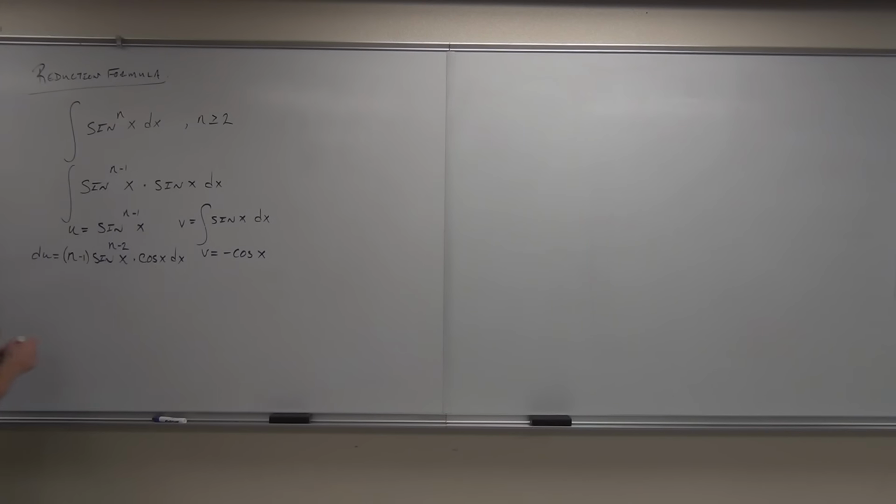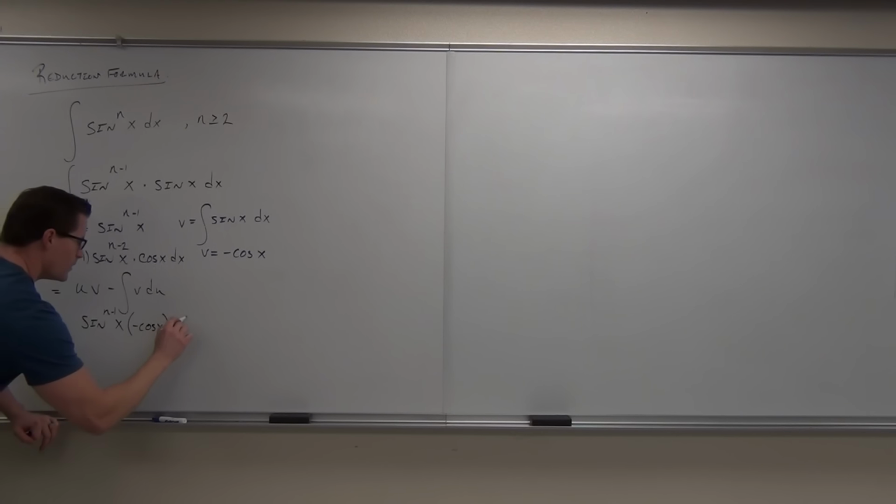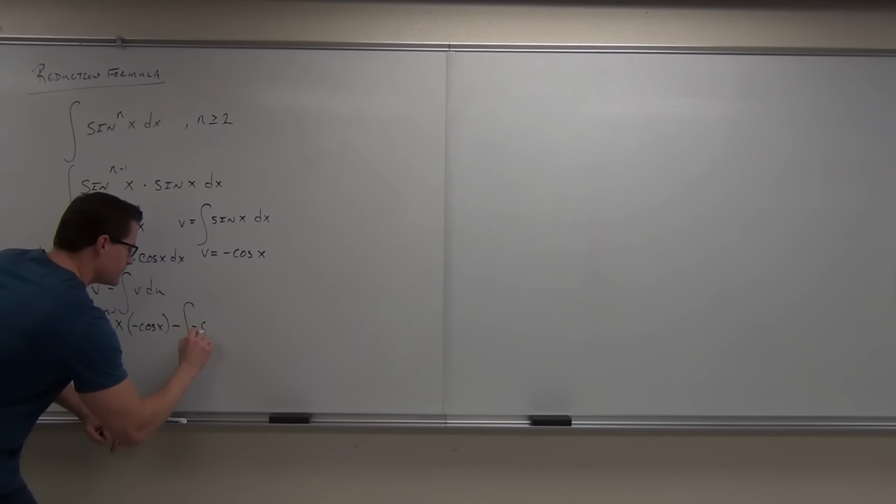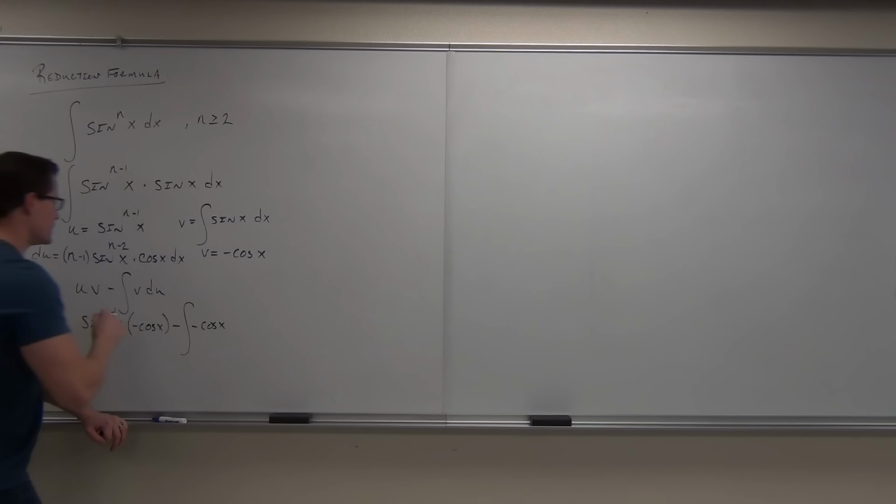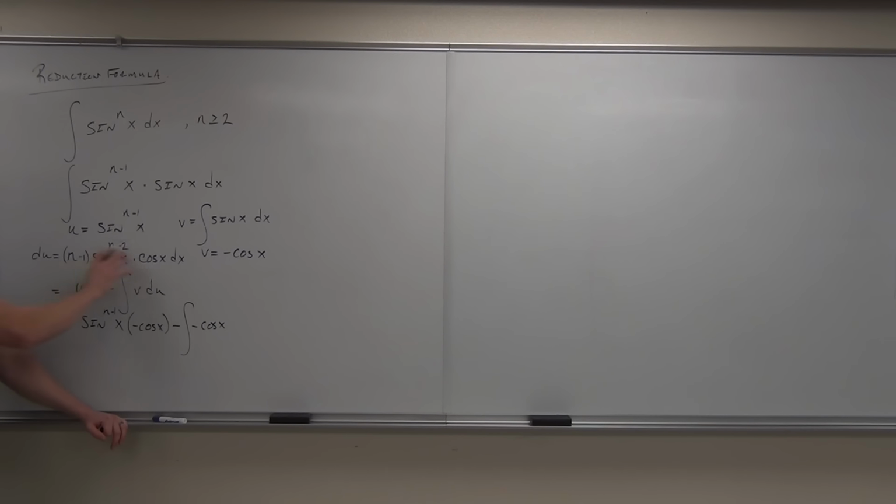We know integration by parts says once you picked your u and you found your v, the integral equals uv minus the integral of v du. Or in our case, u times v minus the integral of v du, where this whole thing is my du.